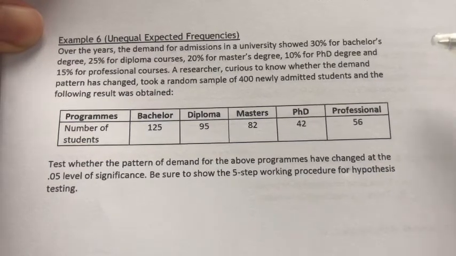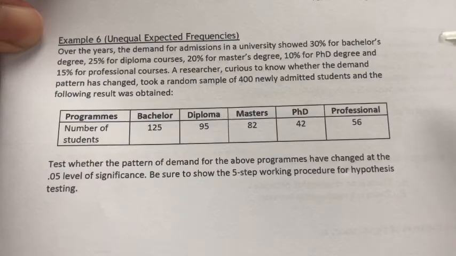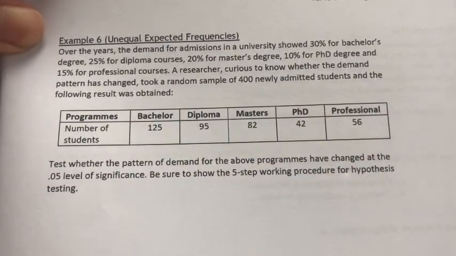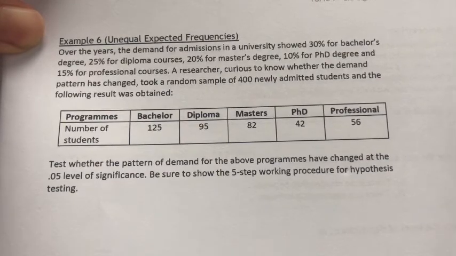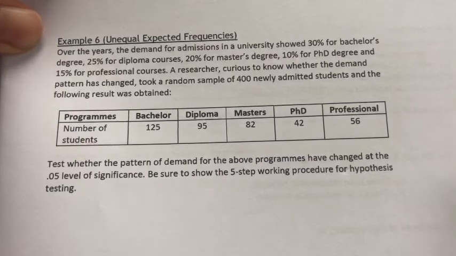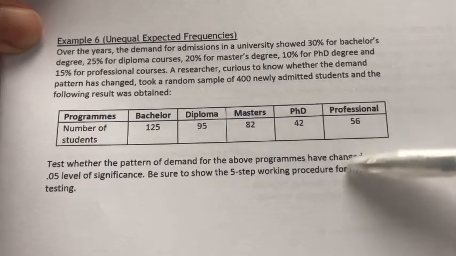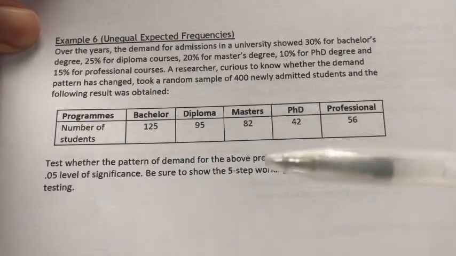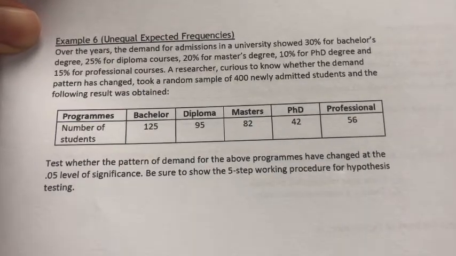A researcher, curious to know whether the demand pattern has changed, took a random sample of 400 newly admitted students, and the following result was obtained. Test whether the pattern of demand for the above programs have changed at the 5% level of significance. Be sure to show all of the 6-step hypothesis testing procedure.